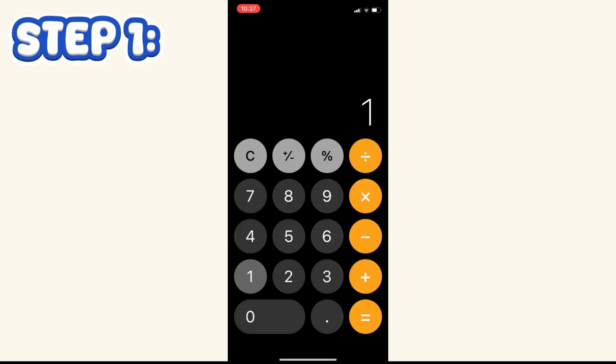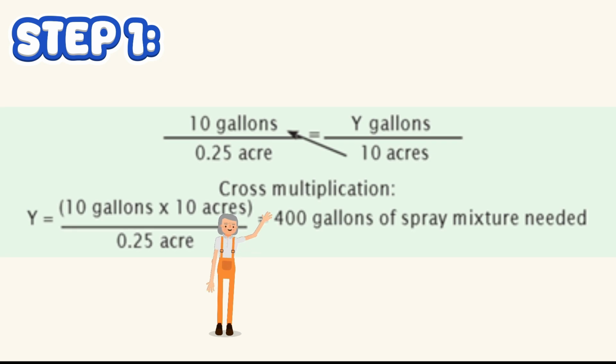So in essence, as I'm showing you here on a calculator, we're going to do 10 gallons times 10 acres divided by 0.25. And this is going to show us we need 400 gallons of spray mixture. And now we've finished step 1 of our equation. We only have 2 more steps to go.